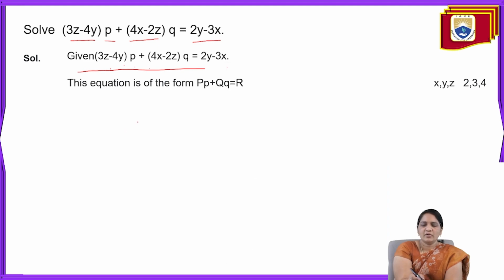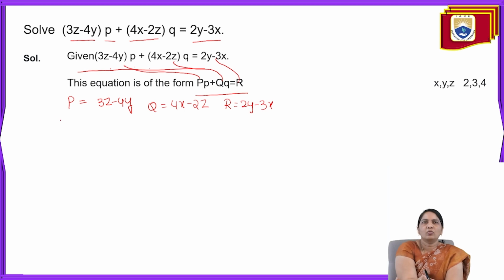Now we compare it with the standard form P p plus Q q equals R. Then we can find that capital P is 3z minus 4y, capital Q is 4x minus 2z, and capital R is 2y minus 3x.